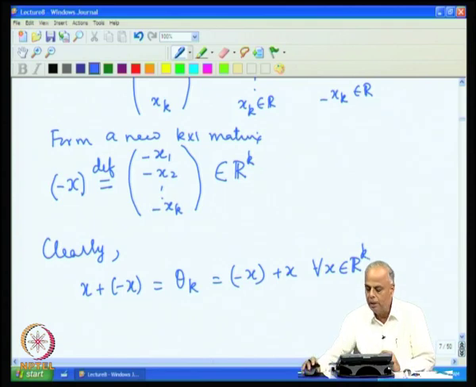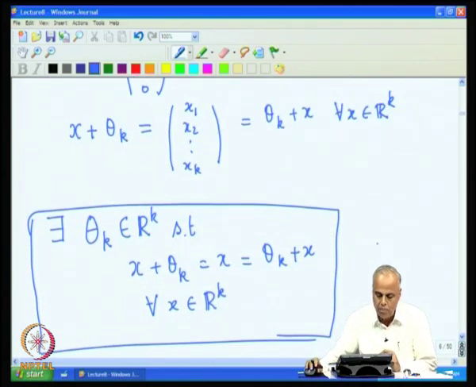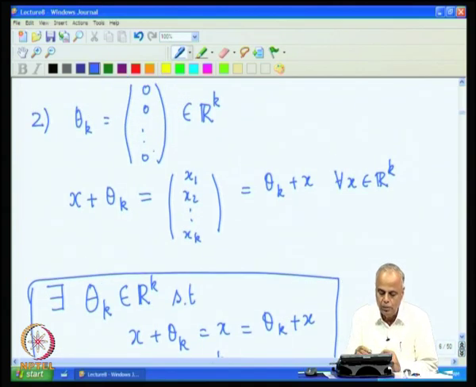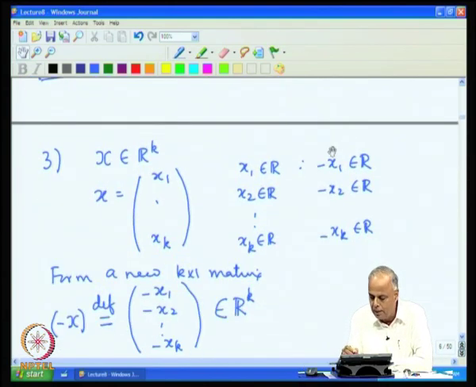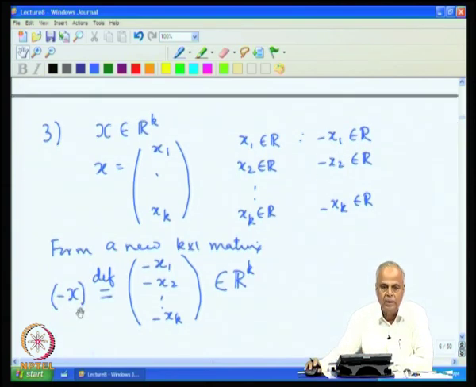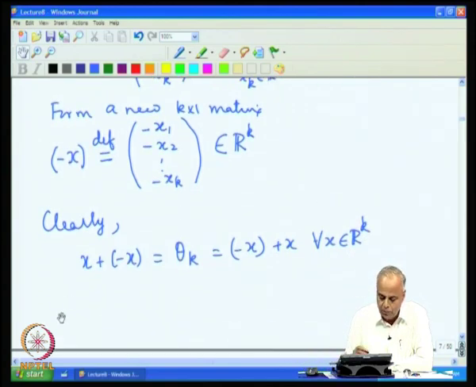So, what we see here is that corresponding to the number 0, it induces a matrix 0 or the vector theta k or the element theta k in R k, and corresponding to the number minus x, we have a matrix minus x or the vector minus x or the column matrix minus x that has been defined, which behaves exactly like the 0.